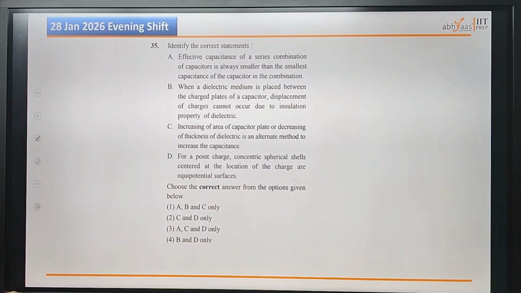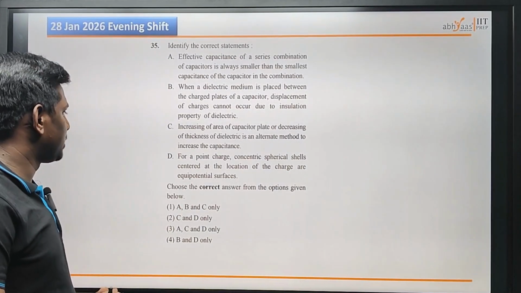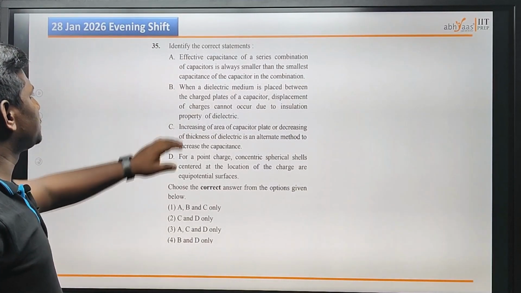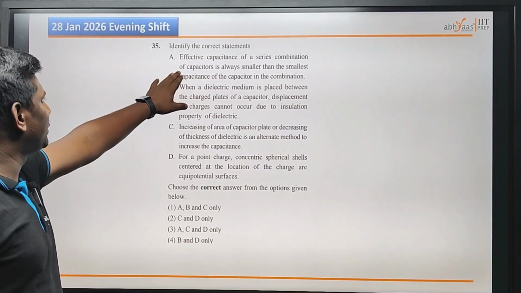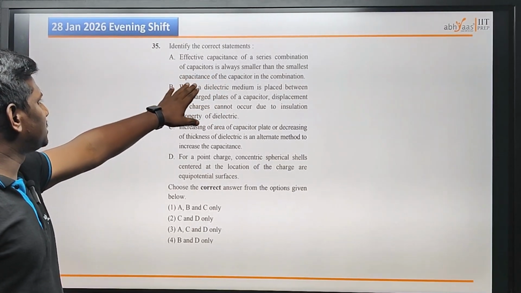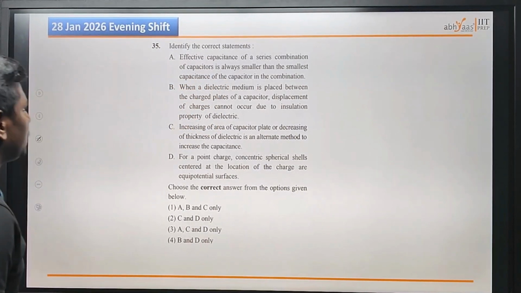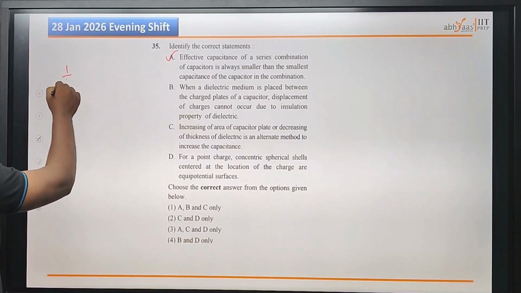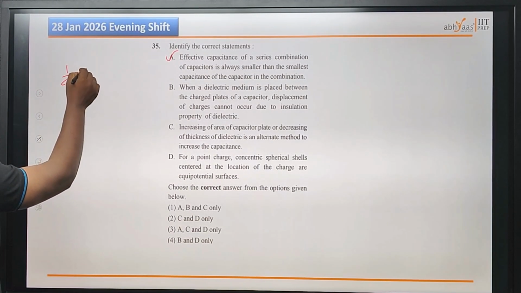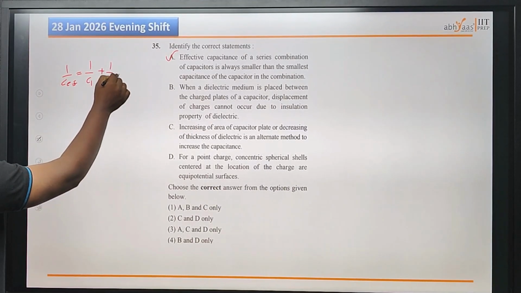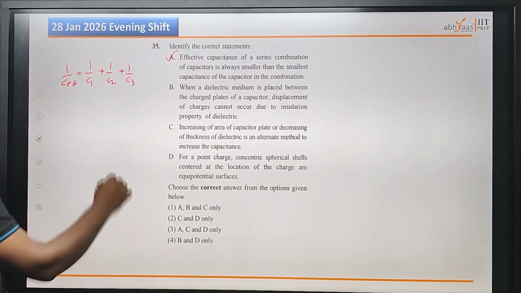So next one, see here, identify the correct statement. Effective capacitance in series combination of capacitors is always smaller than the smallest capacitance of the capacitors in the combination. This is true.